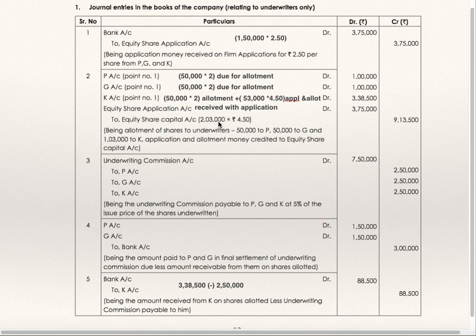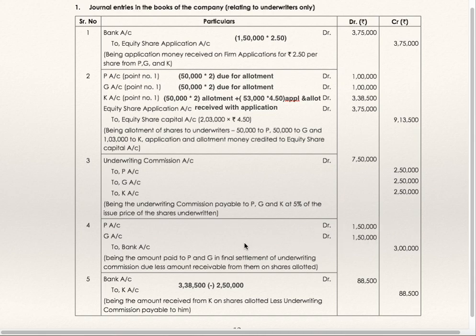2,03,000 is the total liability of underwriters multiplied by 4.5, application plus allotment. Underwriting commission due entry is underwriting commission account debit to P, to G, to K, 2,50,000. Now P and G will pay the company.